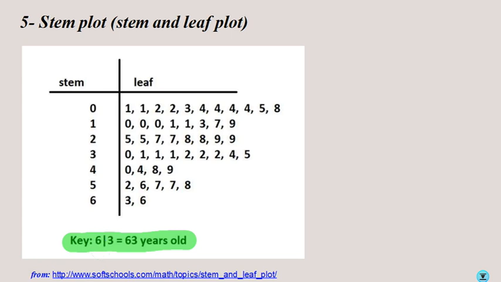So if you look at this stem, this represents the tens, and this 3 represents the unit. So this represents a person that is 63 years old. Then this would represent a person that is 66 years old.